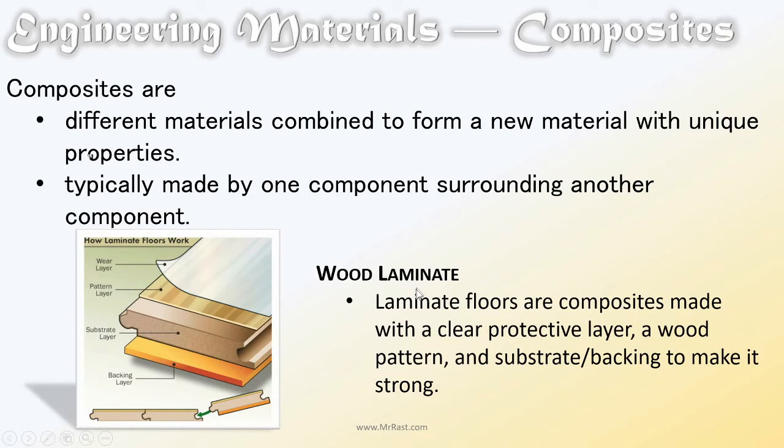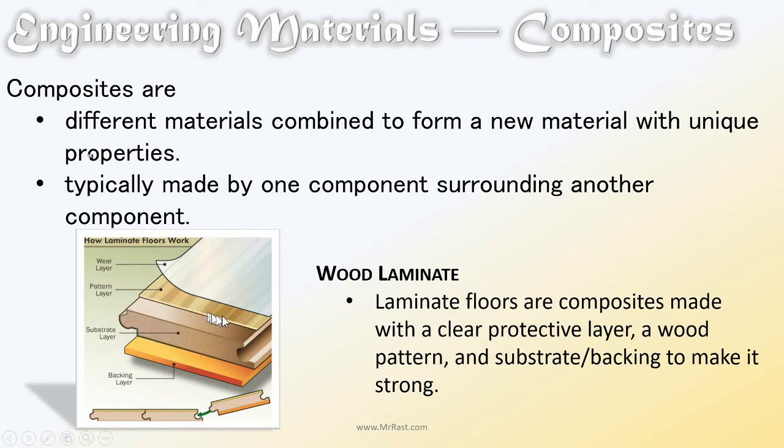Wood laminate is a composite. Wood laminate is like some floors you buy and snap together. These are wood laminate floors here, and they have different layers. The laminate floors are composed with a clear protective layer, so they put some clear film on it. And then the next thing we have is a wood pattern, a very thin sheet of wood underneath it. And then you have a stronger, maybe not as pretty wood to look at.